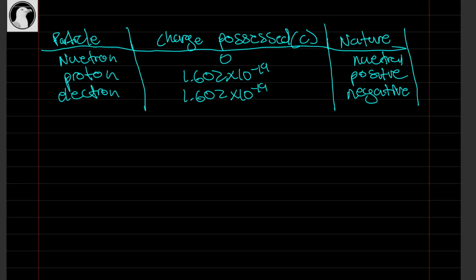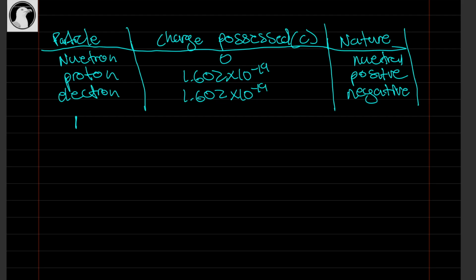Now remember, I mentioned coulombs as the measurement of charge for these particles. The charge on one electron is 1.602 times 10 to the negative 19 coulombs. So 1 coulomb of charge is defined as the charge possessed by a total number of electrons. What do I mean?